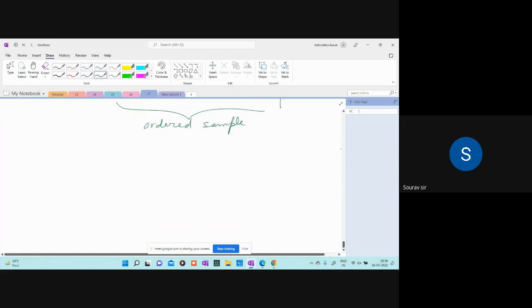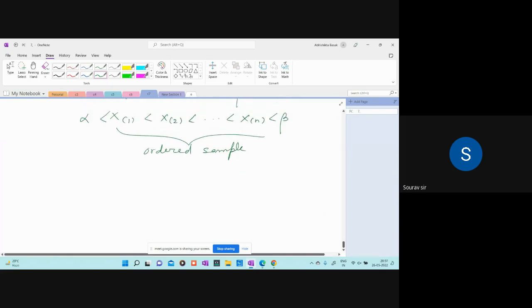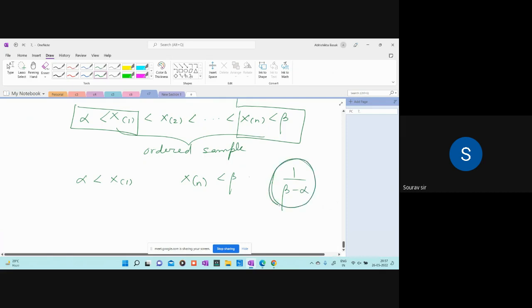I am concerned only with the first one and the last one. That gives me alpha less than x order 1 and x order n less than beta. Now the function is 1 by beta minus alpha. What combination of values of beta and alpha will maximize this?